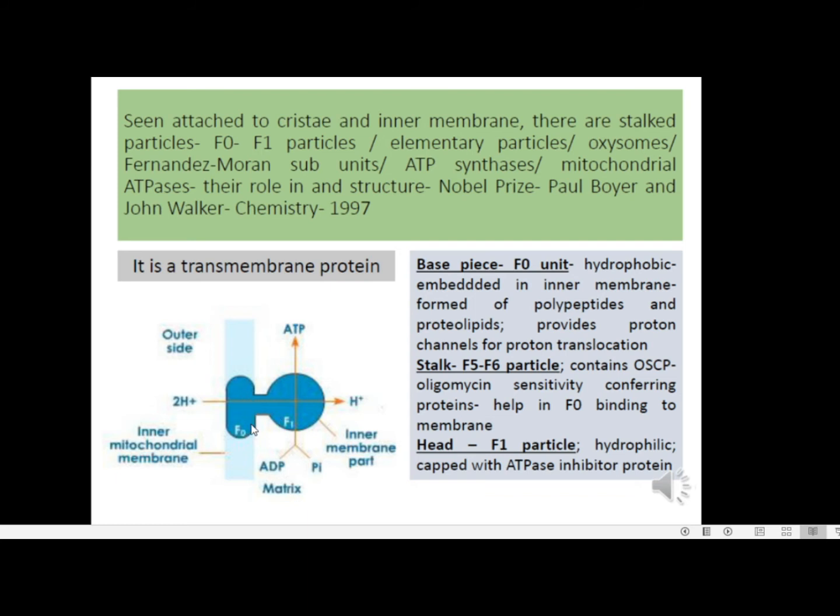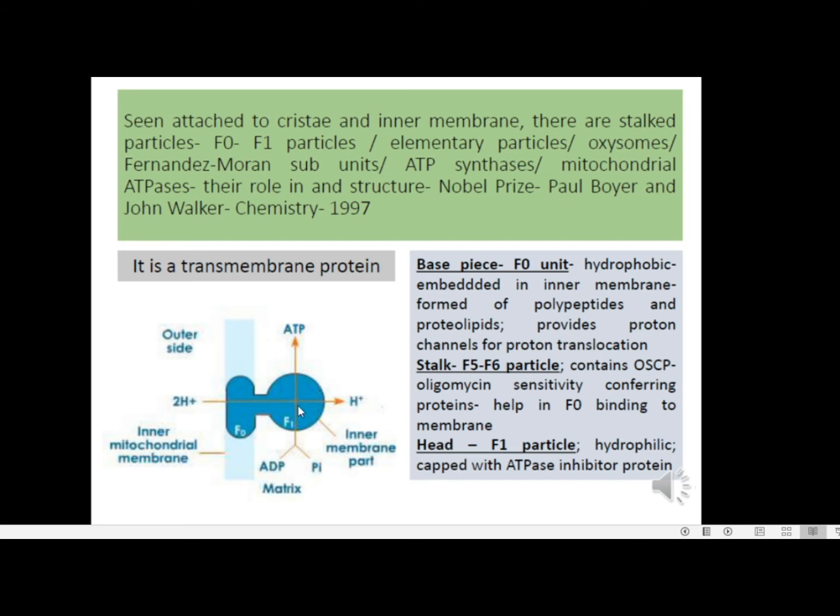The base piece is located in the inner membrane and it is hydrophobic, and it is formed of polypeptides, proteolipids, etc., and they provide channels for protons. Then the middle stalk contains characteristic proteins called OSCP, or oligomycin sensitivity conferring proteins, which are characteristic of this region of the F0, F1 particle.